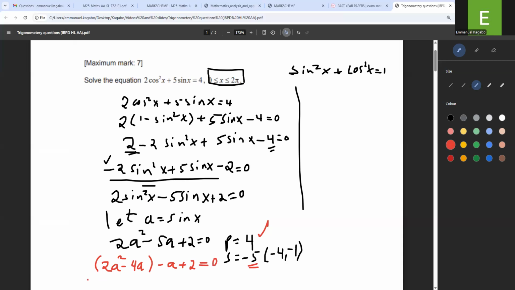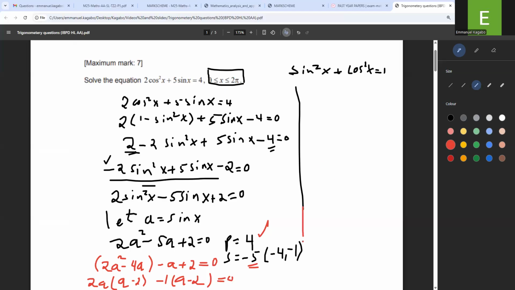So when I factorize here, what do I get? I'll get 2A bracket A minus 2. Then here will be minus 1 bracket A minus 2. When you see that what I have in brackets are the same, it means what I did is okay.